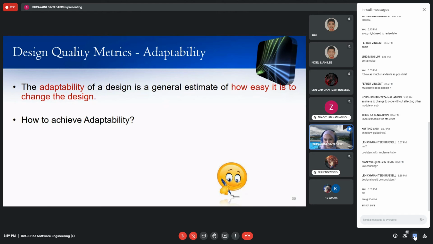So Farah said we must have a good design. Okay, so Farah, I want to ask you here, what is your definition of having a good design? Everyone can say that, right? So you must follow good design, but what is actually your definition of a good design?